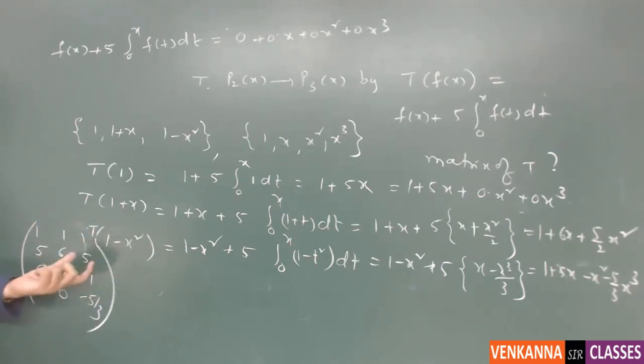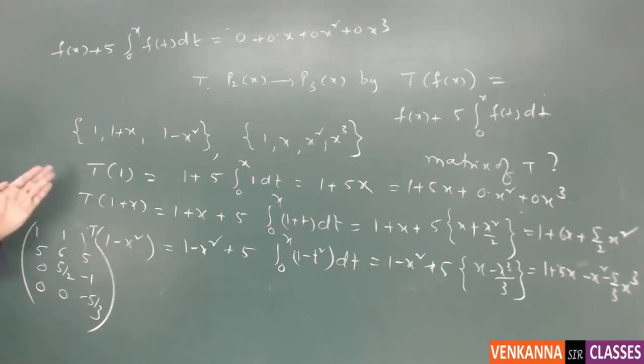You are going to find a similar kind of polynomial, the basis. You know, for a homogeneous system, how to calculate the solutions when a matrix is given to you. We use that technique here. You need to apply the echelon form concept here. That's it. So the concept of N of T is not focused, only finding the matrix of T is focused in this problem.